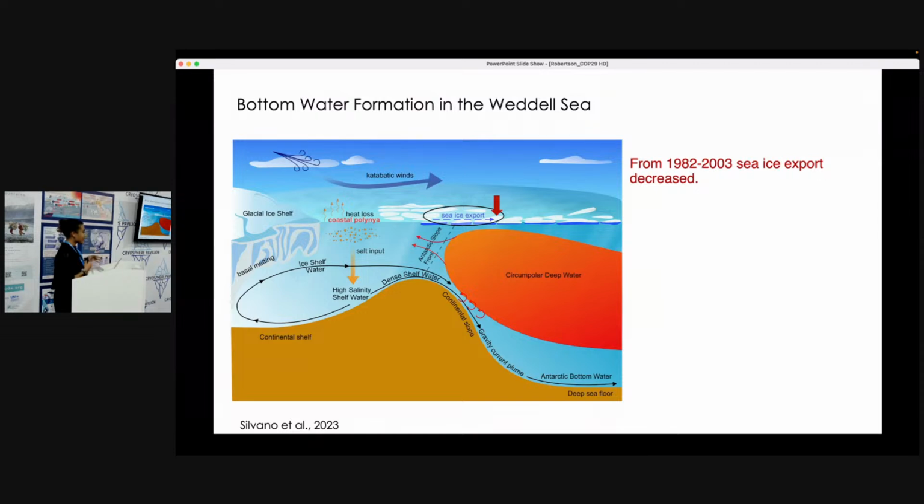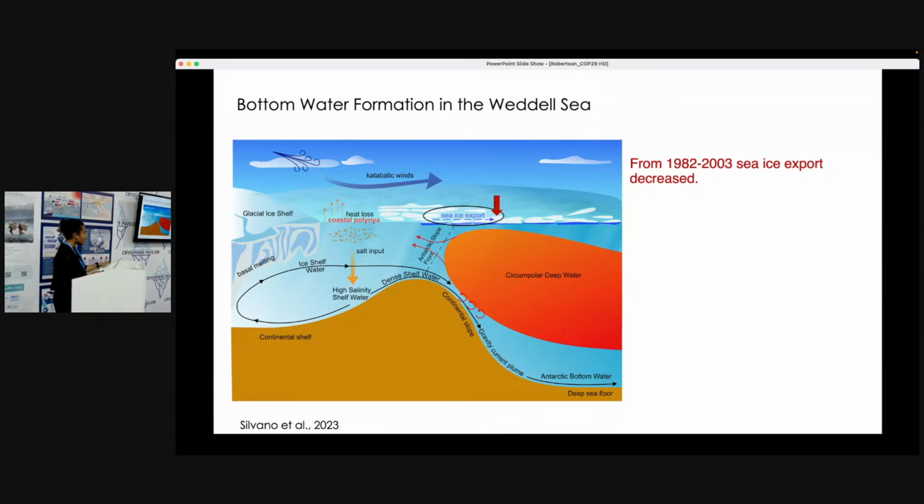And when sea ice freezes, you get what's called brine expulsion, where you get a release of salt from the sea ice, causing dense salty water to sink below the ice shelf and eventually flow off the continental shelf and circulate throughout the global ocean.